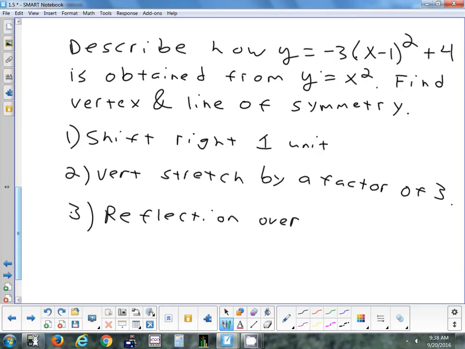And it's going to reflect it over which axis? The x. Putting the negative in front of the whole thing reflects over the x. If I put a negative on the inside, that would have reflected over the y. But we're not doing that this time. So reflection over x-axis. And the very last thing is a plus 4. That's going to shift up 4.